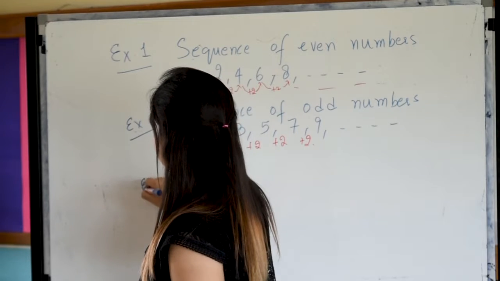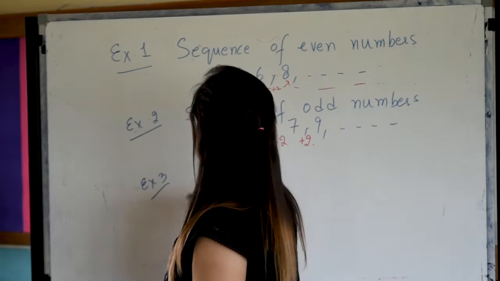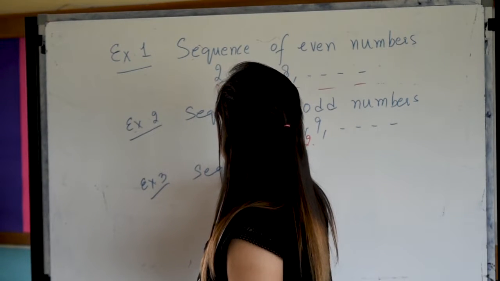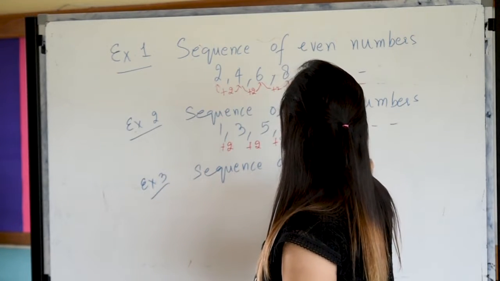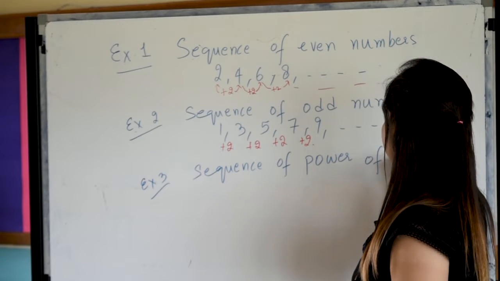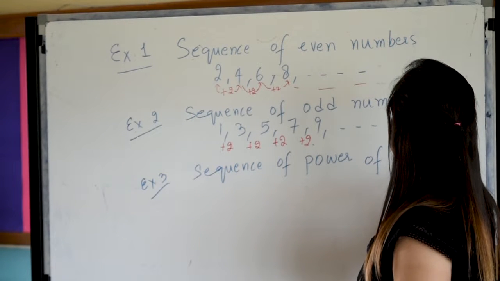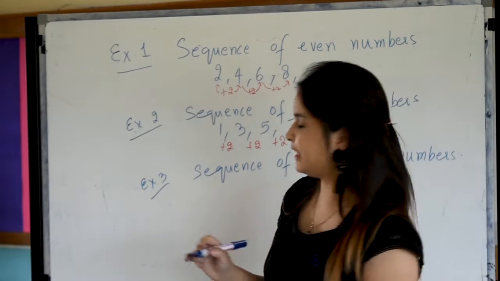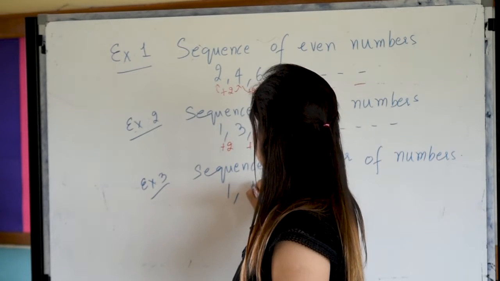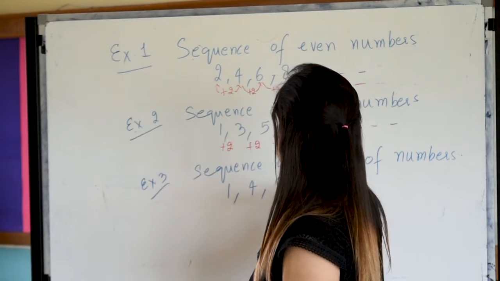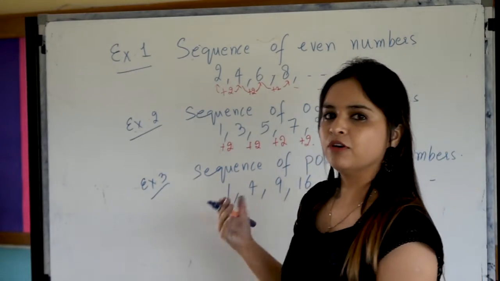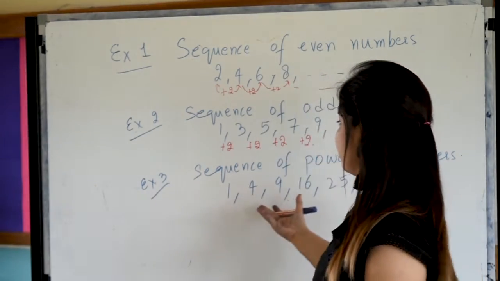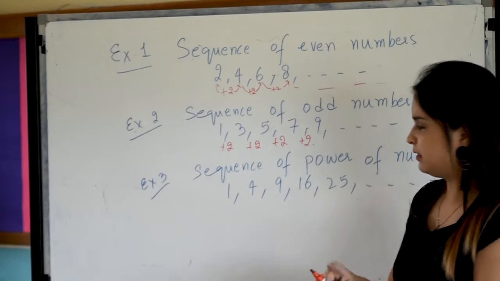Now let's try one more example. Sequence of powers of a number. If I take 1, 4, 9, 16, 25 and so on. Now when you look at these numbers, what can you see?